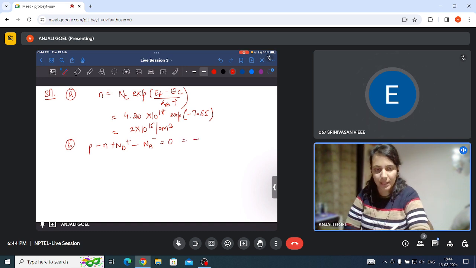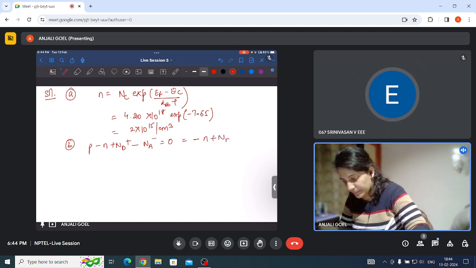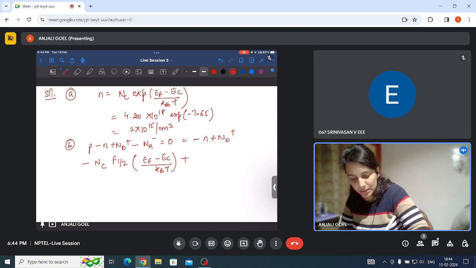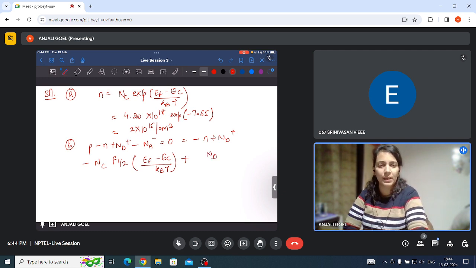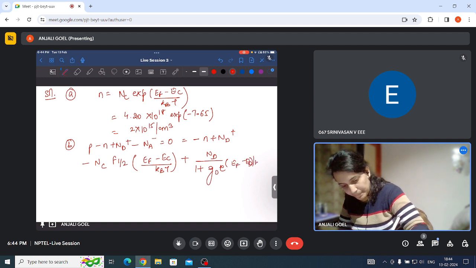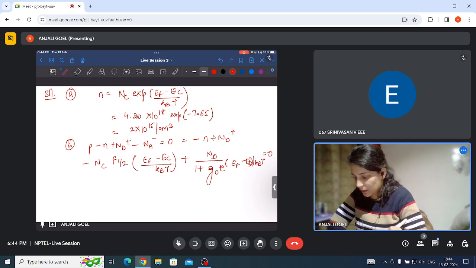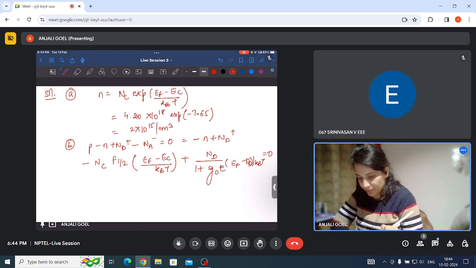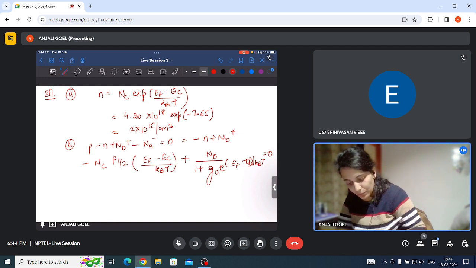So since it will be very less, as you rightly mentioned, so ND plus, now minus NC for me direct, exponential EF minus EC by KBT, plus the degeneracy factor, because this will not be a completely degenerate case, is equals to 0.